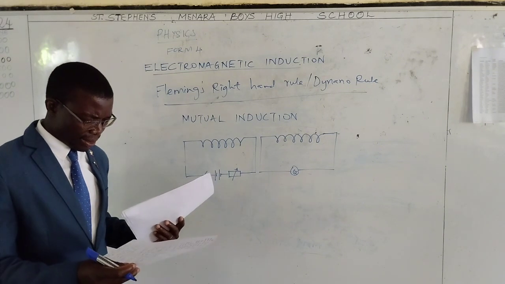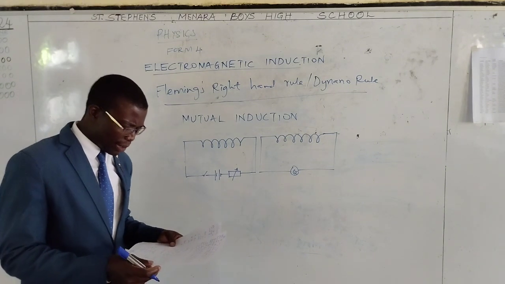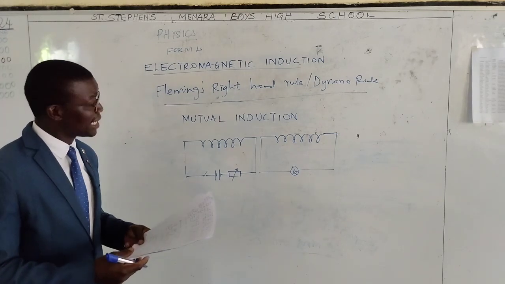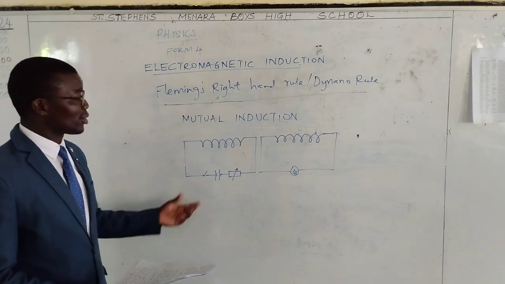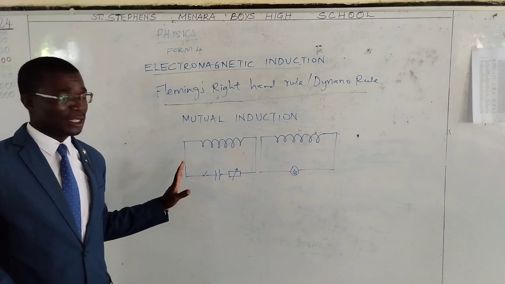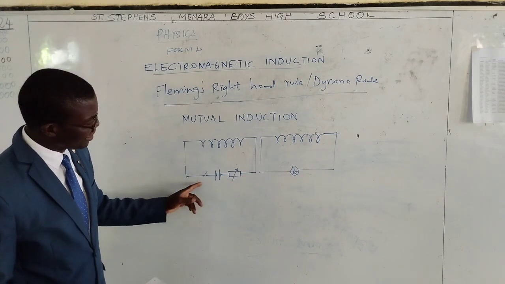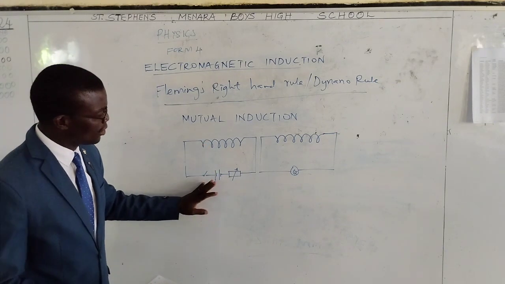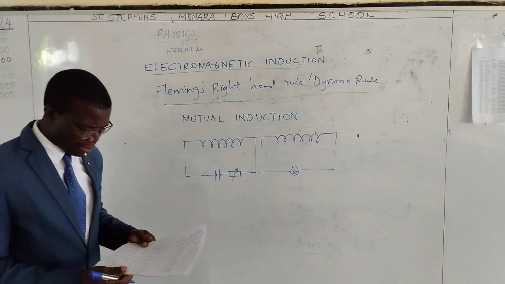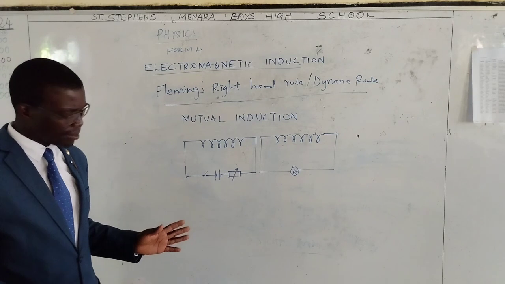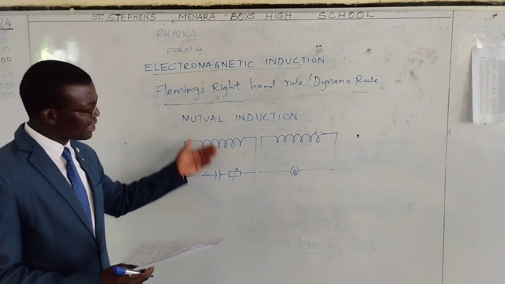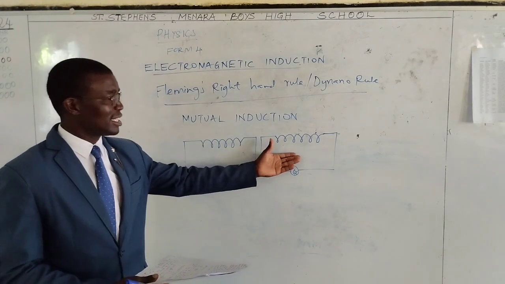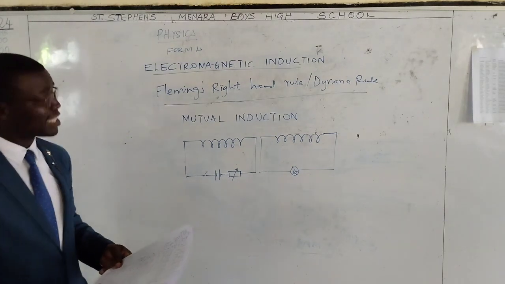So, in that case, when the switch is closed, the current in the primary coil will increase from 0 to maximum. Initially, when it is open, 0 current is flowing. When the switch is closed, current in this input coil, also called primary coil, increases from 0 to maximum within a very short time. When it happens that way, the magnetic flux in this primary coil linking the secondary coil will also increase from 0 to maximum.